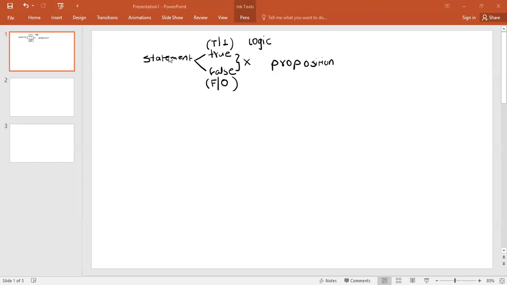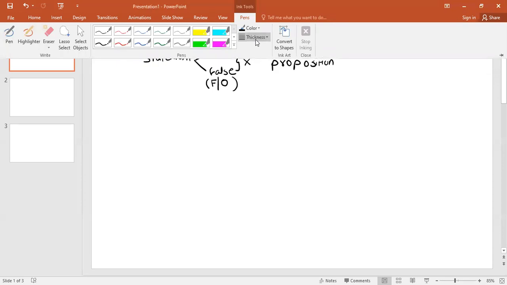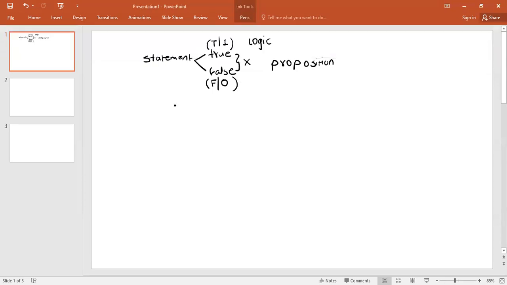Simple statements, for example, p, q: 2 plus 7 equals 10. This is a simple statement. Or London is in England. 21 is a multiple of 9.